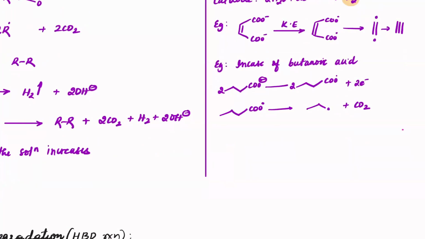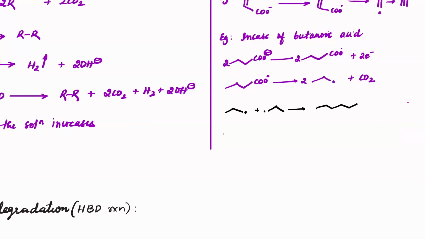Now notice here, because we have these 2 moles, there are multiple things that can happen. First, this dot and dot can terminate to give a product like this. So that is n-hexane.